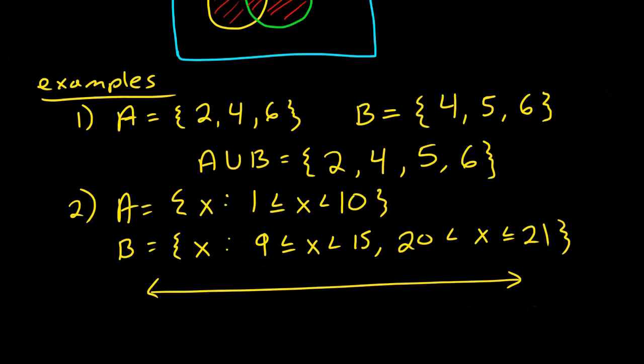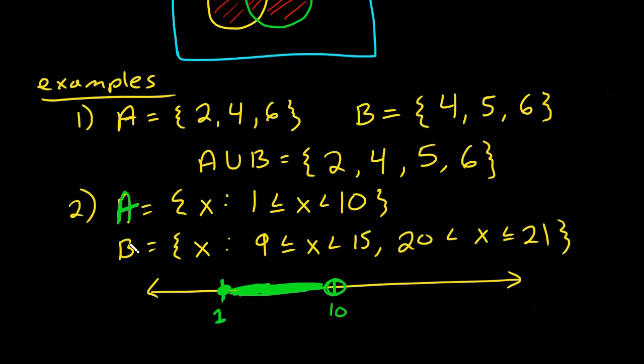Let's think about event A. I'll use green for event A. If here's 1, I'm including 1, so I have a solid dot. And I go all the way until I get to 10, and I have an open dot at 10. This is event A, any x on this line marked in green.